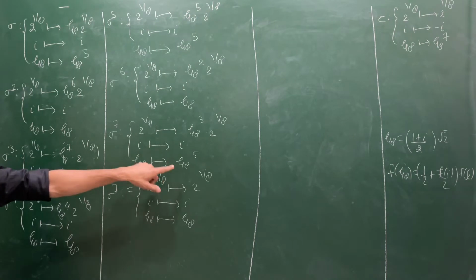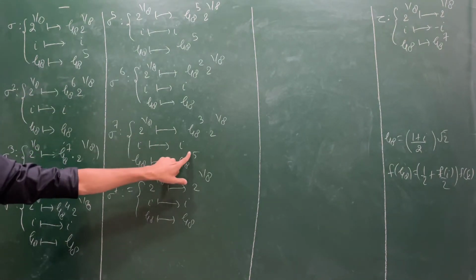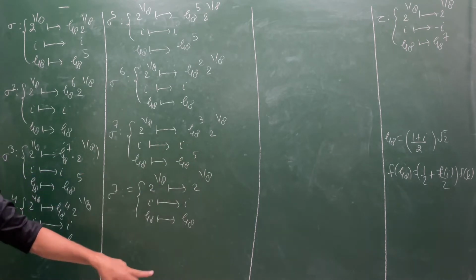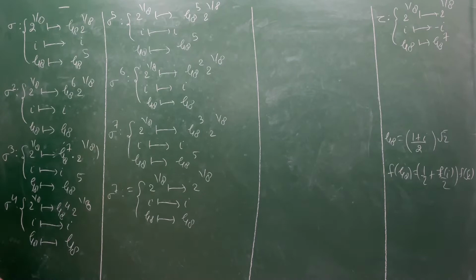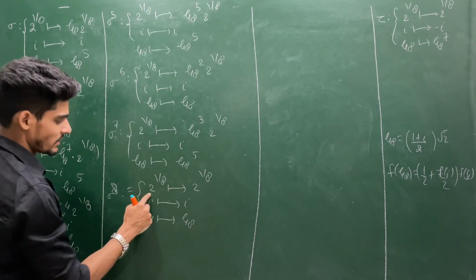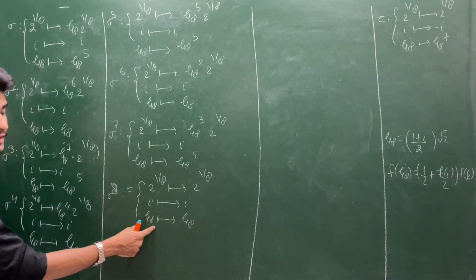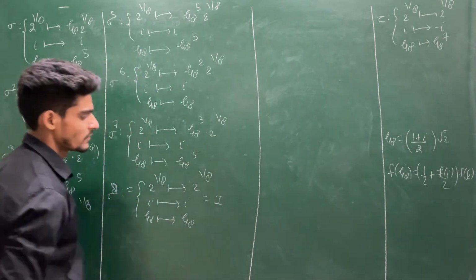If you operate sigma again, it will send its 5th power, that will be zeta_8 to the power 25. But if you divide 25 by 8, you will have remainder 1. So zeta_8. So sigma^8 is giving you the identity map because it is fixing this, it is fixing this, it is fixing this. So it is fixing every generator. So actually it will give you the identity map.